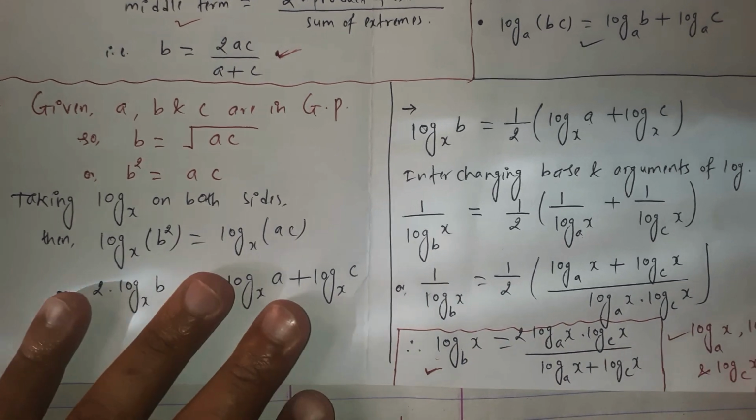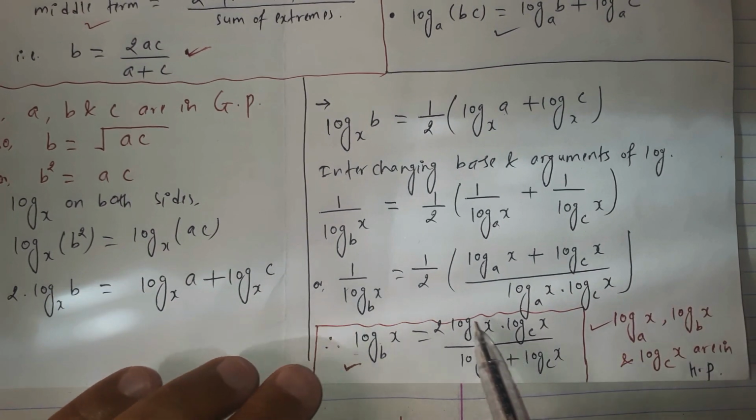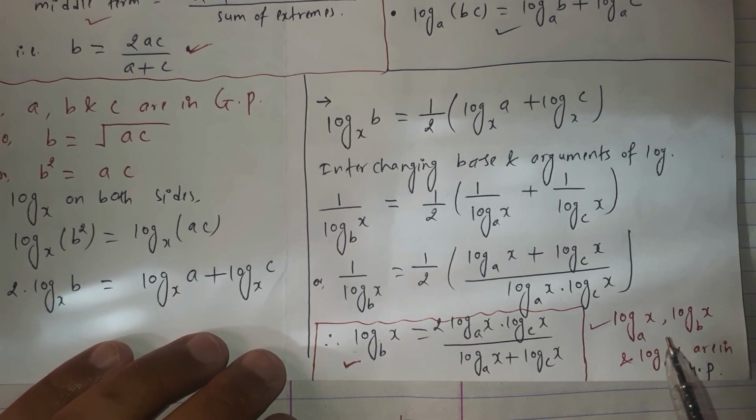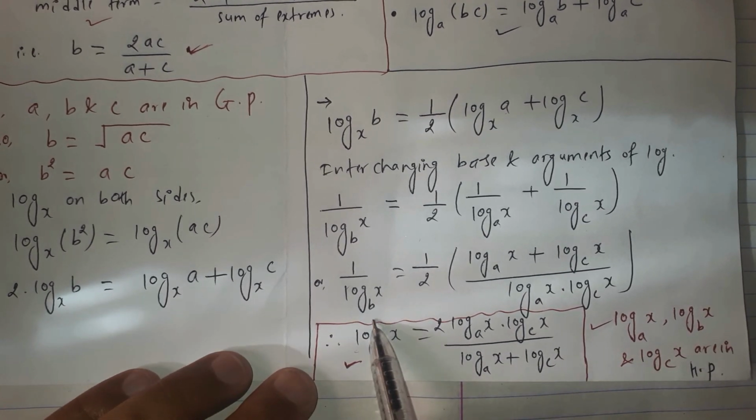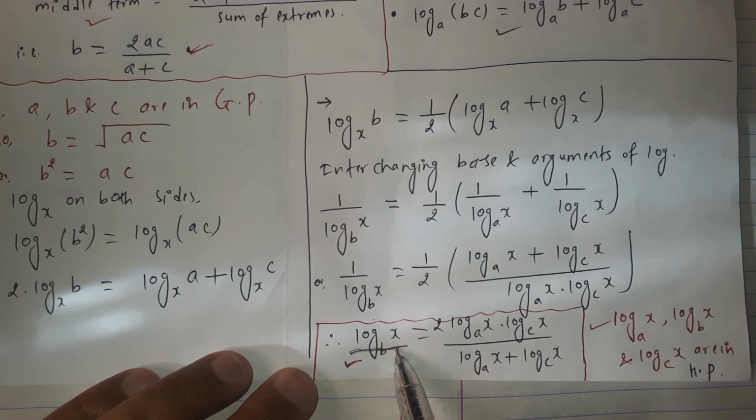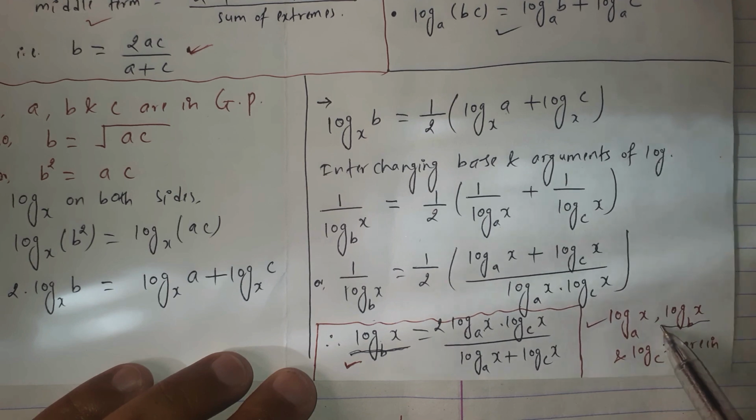If they are in HP, then these relations will hold true. Here this part is the middle term, so we put this term on the left hand side as the middle of this sequence.